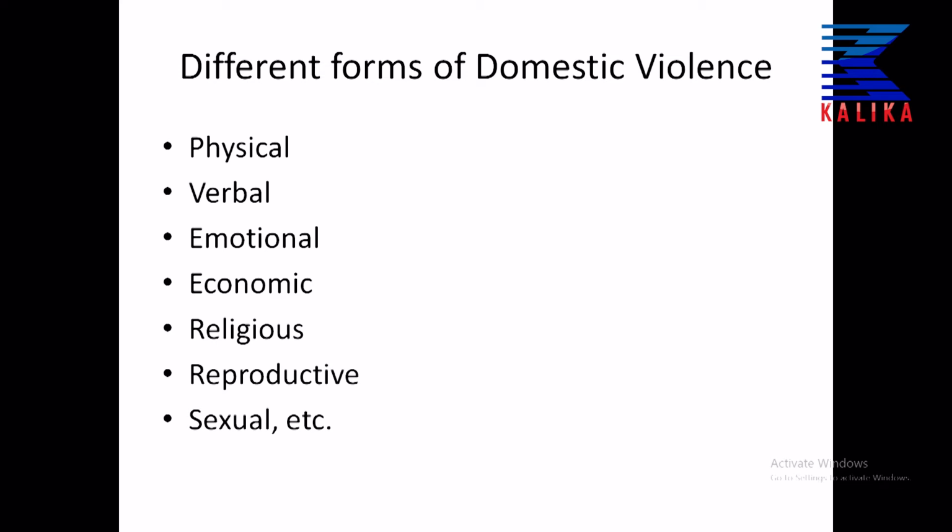Now, let us see different forms of domestic violence. You may have the question, what sort of domestic violence is there in the world? What sort of violence is there in our society?